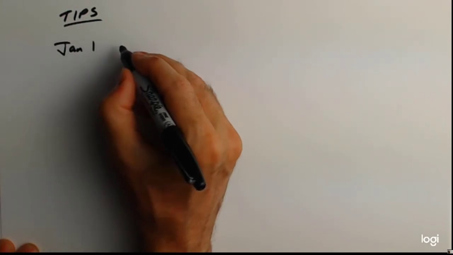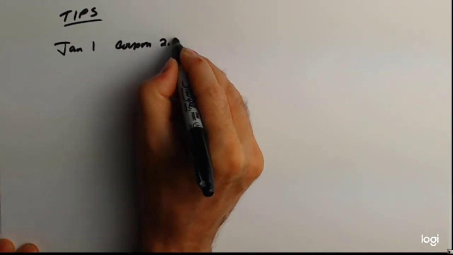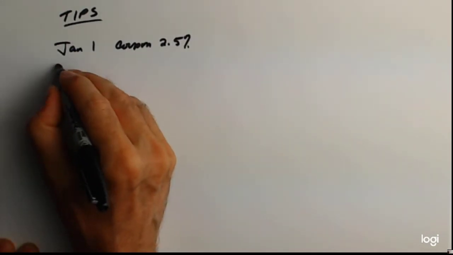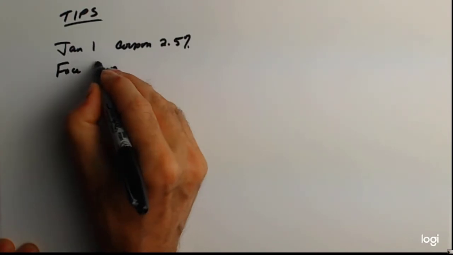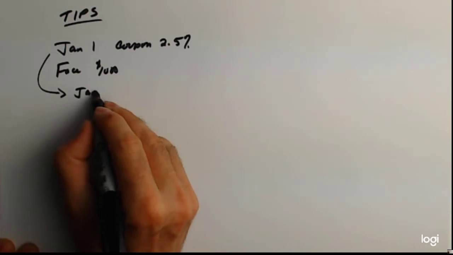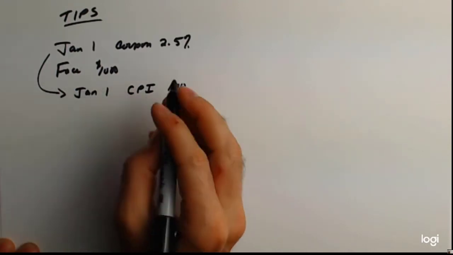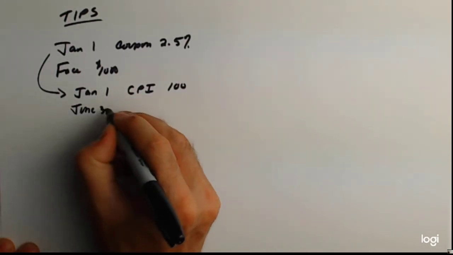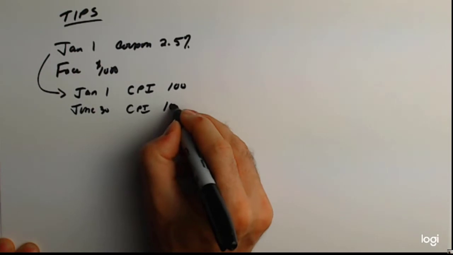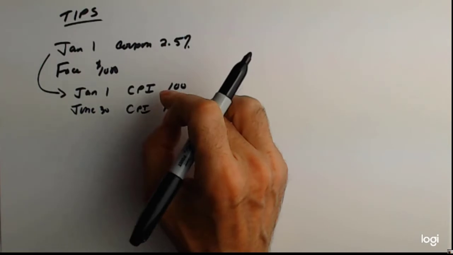Let's suppose that it's January 1 and we have a TIPS bond with a coupon of 2.5%, a principal or face value of 1,000, and let's say on January 1st the consumer price index, the CPI, is 100, and on June 30th, 6 months later, the CPI is 101.5. Okay, 101.5. Now remember what the CPI measures.